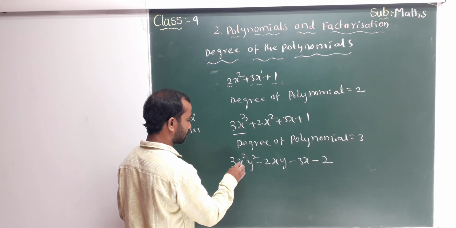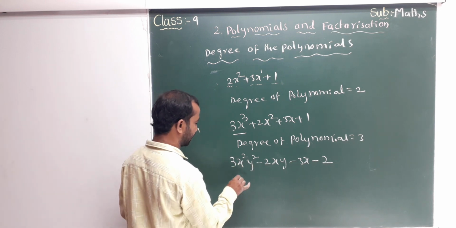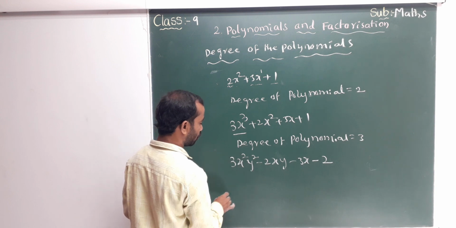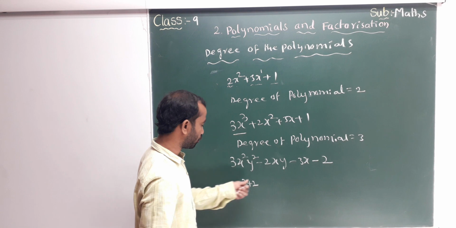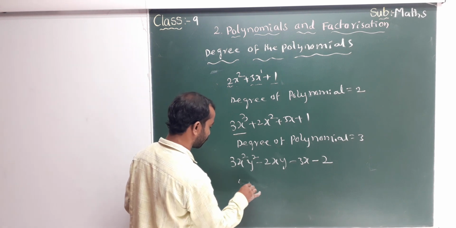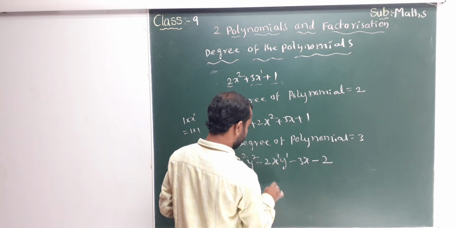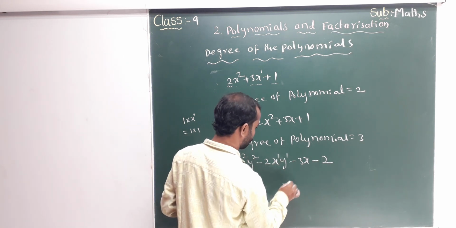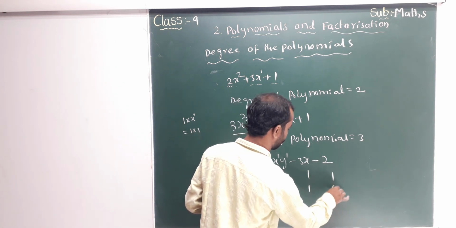In the first term we have two variables, so we add the powers: 2 plus 2 equals 4. The next term's degree is 1 plus 1, which is 2. The next term's degree is 1. The next term's degree is 0.